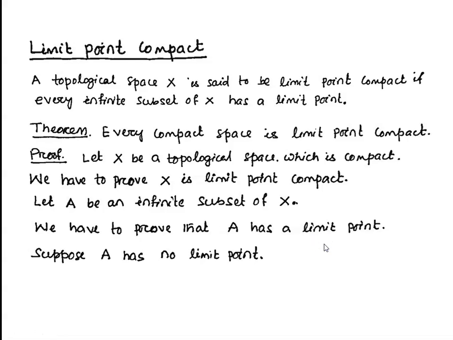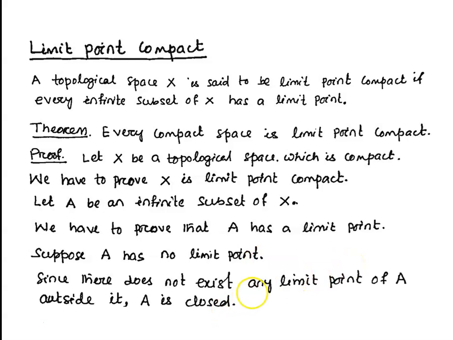Let us assume that A doesn't have a limit point. Suppose A has no limit point. Since there doesn't exist any limit point of A outside it, A is closed. Because in the definition of closed sets, we know that a set is closed if it contains all its limit points.